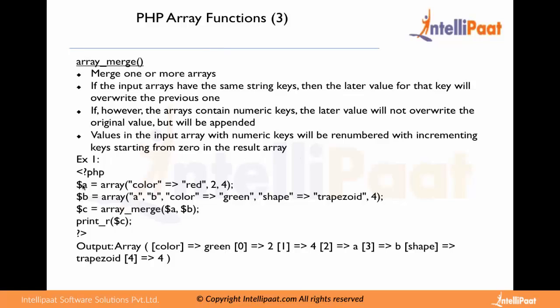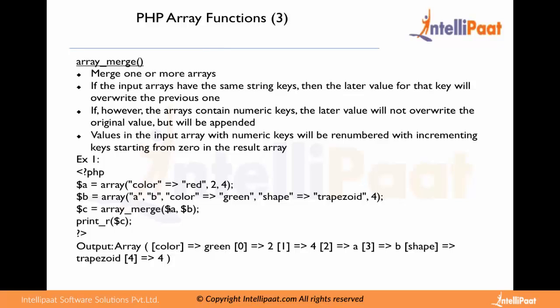So see, in the first example we have two arrays. One contains a key-value pair of color and red, and the rest are only values, like 4. So I have one array and another array, and I am passing these two to array_merge. It will combine both arrays and return me a single array. My result's first key-value is color green.